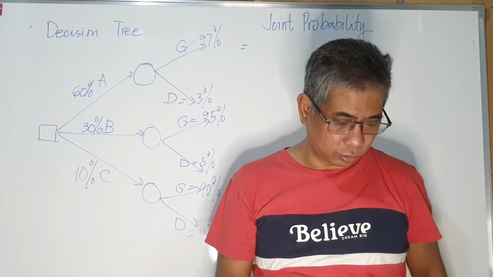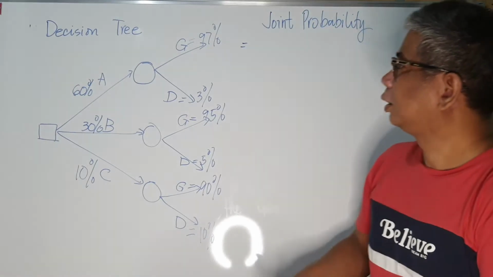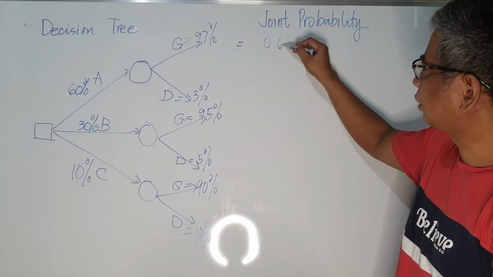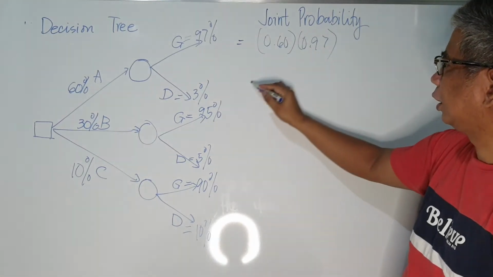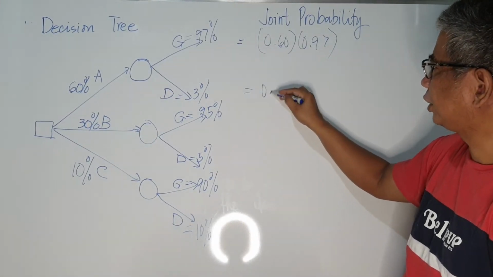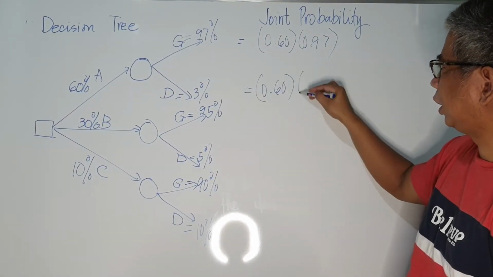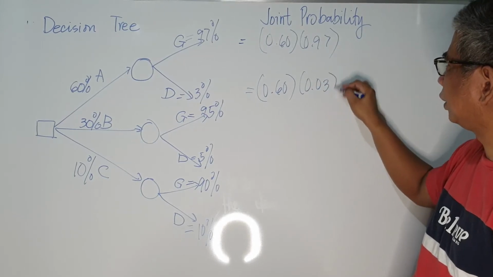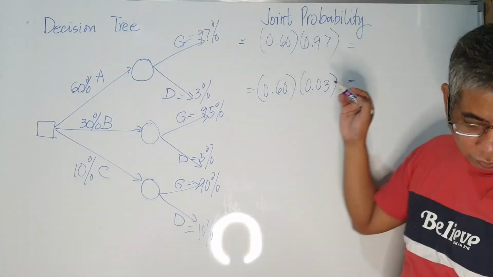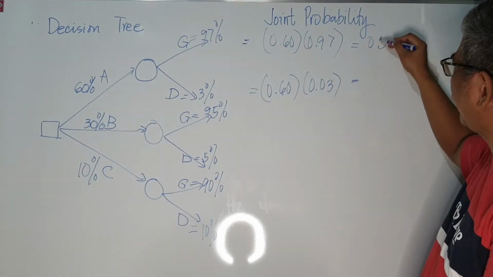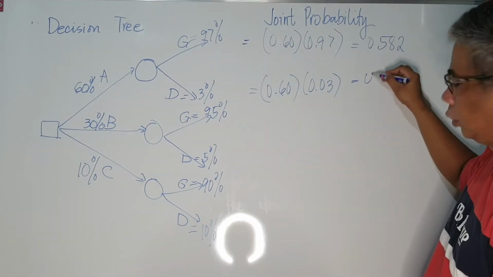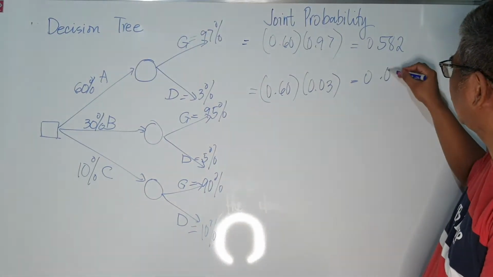Okay? So, you do the math. 0.6 times 0.97. Ito naman ay 0.6 times 0.03. Okay? We get 0.582, 0.018.